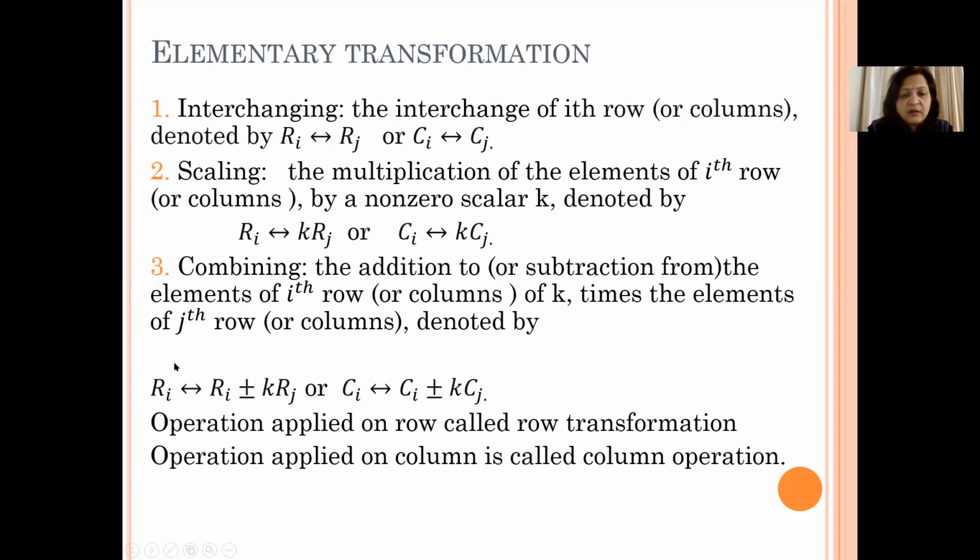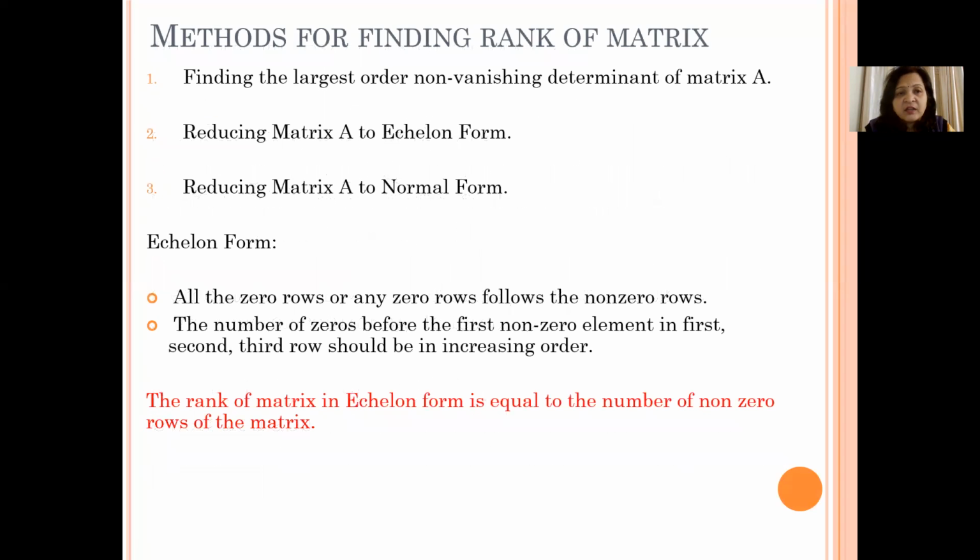It is denoted by Ri is changed to Ri plus minus k of Rj, or Ci can be changed to Ci plus minus k of Cj. So the operation applied on rows is called row transformation, and the operation applied on columns is called column transformation.